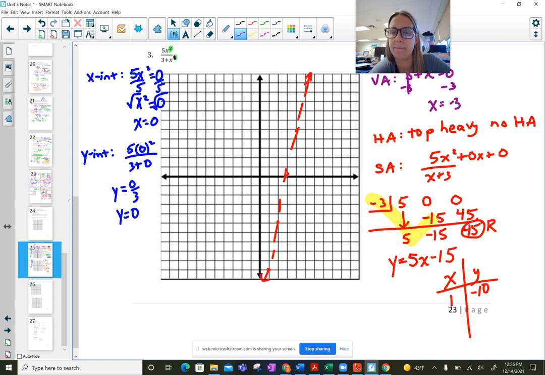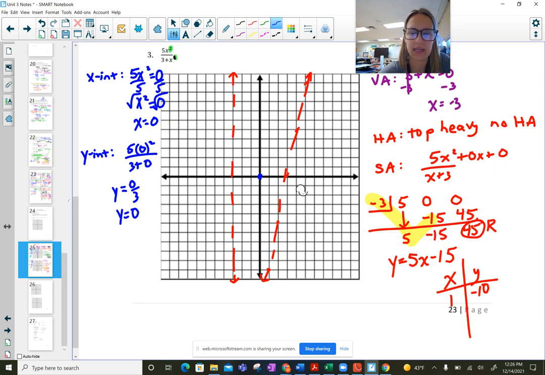Sorry. Okay, and then let's see. X is negative 3. Okay. So let's see here. So then we have x-intercept of 0, which means there's a y-intercept of 0.